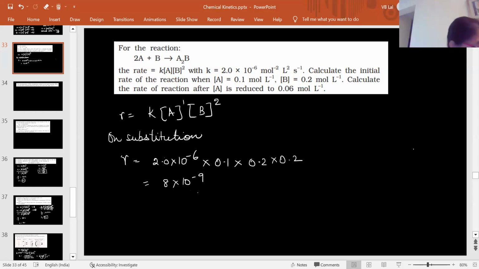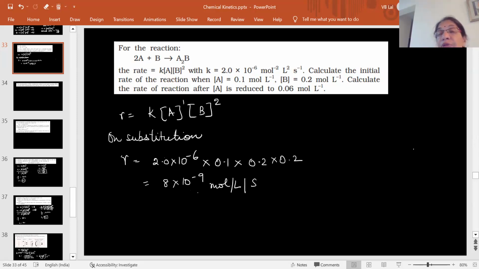Did you understand how I did it? I just put in the values. So 8 into 10 raised to minus 9. And what is the unit remaining? If I put in the units of each one, I will get moles per liter per second. The unit for rate is always moles per liter per second.